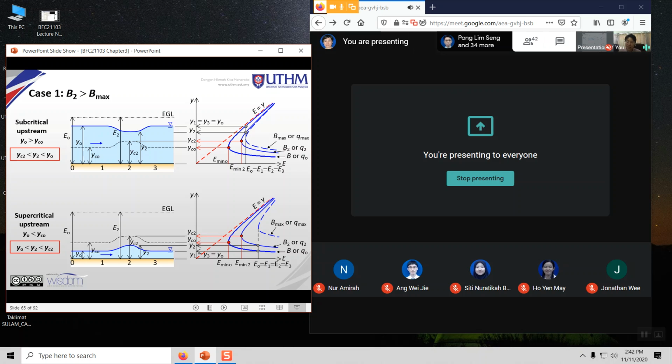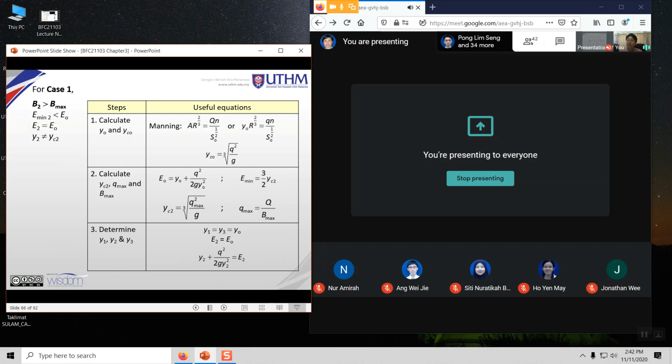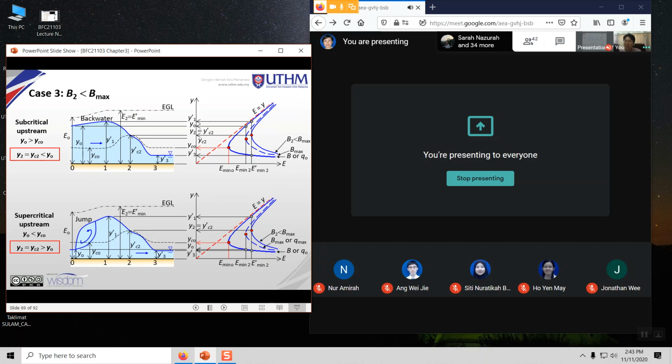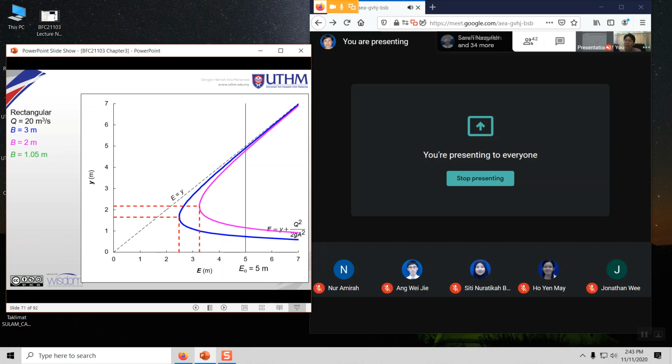Once you find your Q, you can find your YC, and then you can find your Y2. So let's look at one exercise.